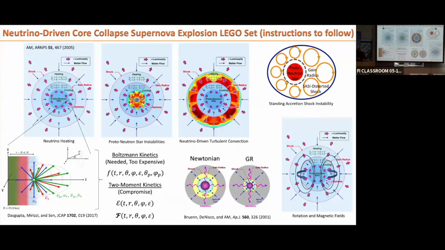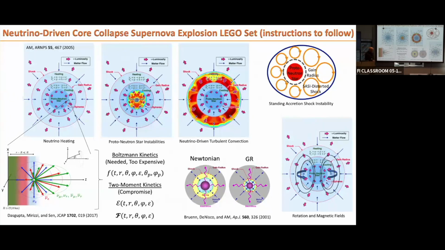So now you have 3 significant contributions to the pressure behind the shock. So the cavalry has come in to help the shock essentially maintain its position and then move outward. One of the things I want to emphasize here, because we'll get to this, is that all of this physics occurs in a general relativistic setting, okay?